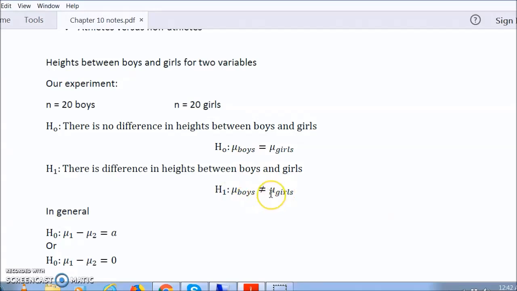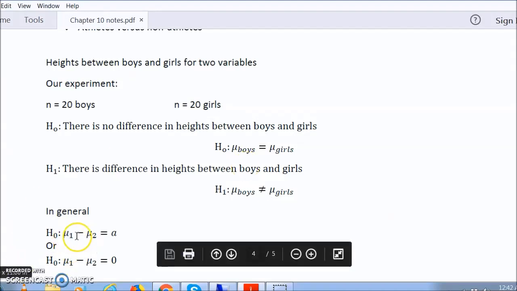When we go forward and discuss chapters 11 and 12, we are going to talk about more than 2 samples. That means we are going to talk about 3 or 4 means, in which you would have mu1 equals mu2 equals mu3 equals mu4, because we cannot put it in a statement like mu1 minus mu2.